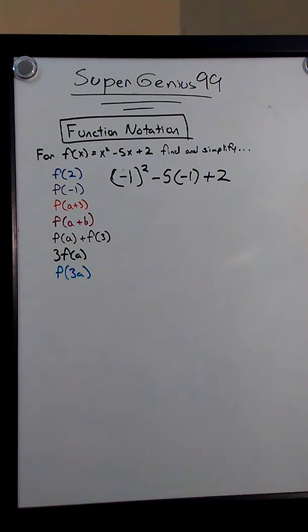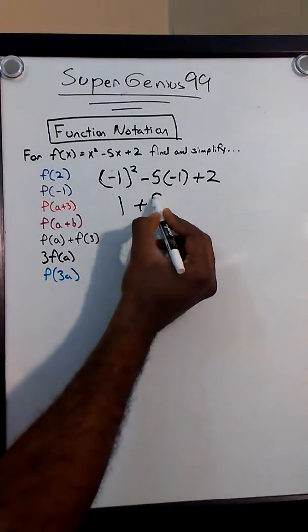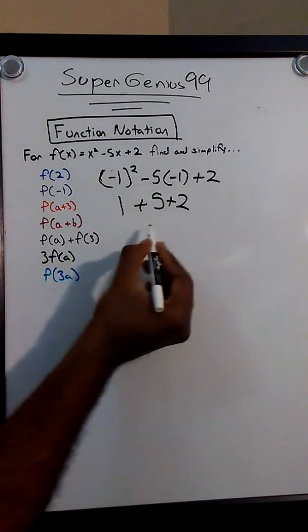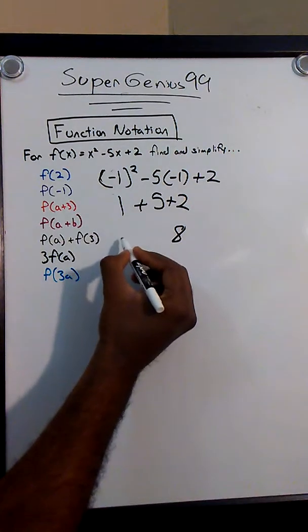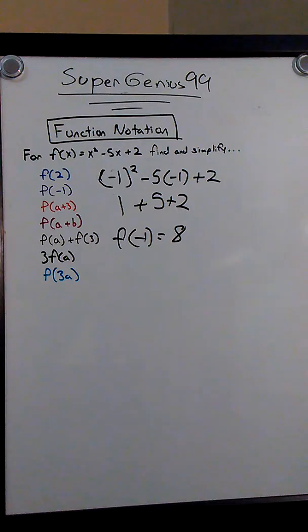Negative 1 times negative 1 is 1. Negative 5 times negative 1, so you can just make that plus 5. And 1 plus 5 plus 2. So f of negative 1 is equal to 8.